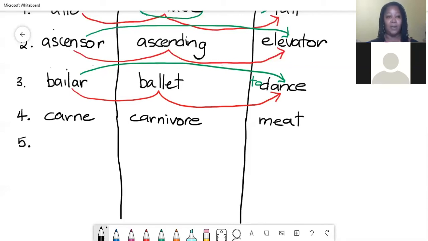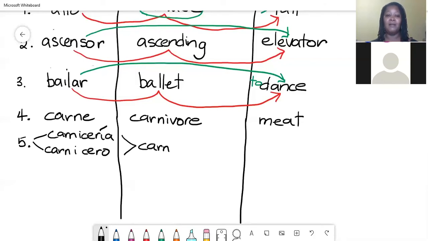So coming from carne, we have the place where your carne is sold, which is your carniceria. And we have the person who prepares your carne, which is your carnicero. And again, they both resemble carnivore.